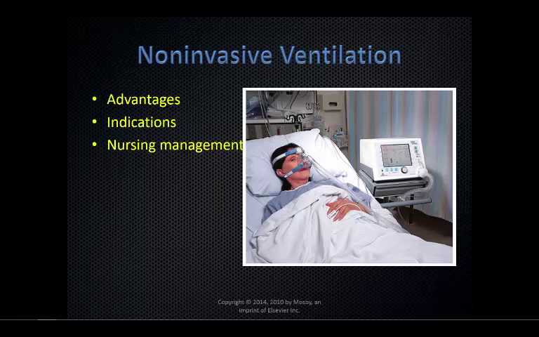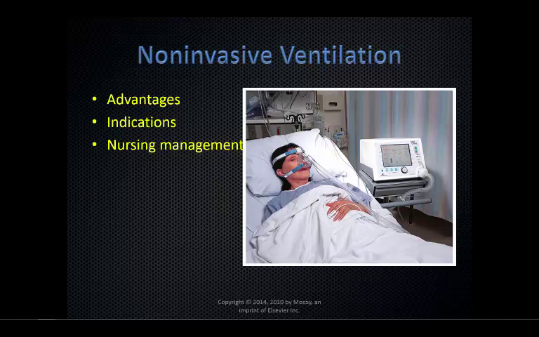It also is more comfortable for patients, and it is non-invasive in nature, which allows for easy application and removal. It is indicated in type 1 and type 2 acute respiratory failure, also in cardiogenic pulmonary edema, and other situations in which intubation is not an option.